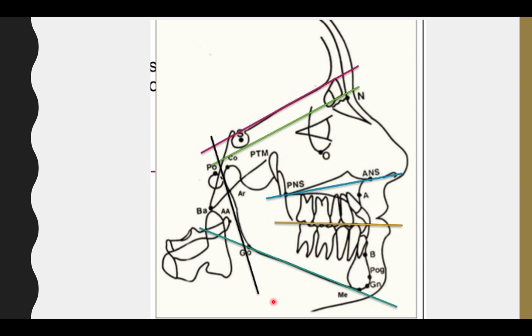In normal conditions, these all should converge at an indefinite point. If there is a divergence in the anterior part, it leads to skeletal open bite, and if there is a divergence in the posterior part, it leads to skeletal deep bite. Likewise, a poor man's cephalometric index is Sassouni analysis.